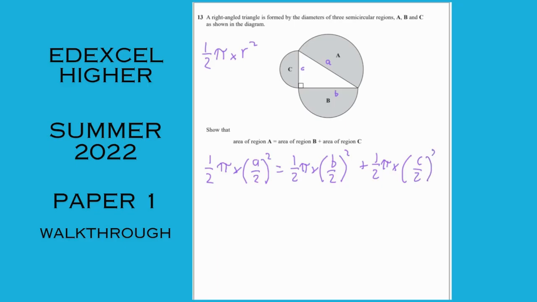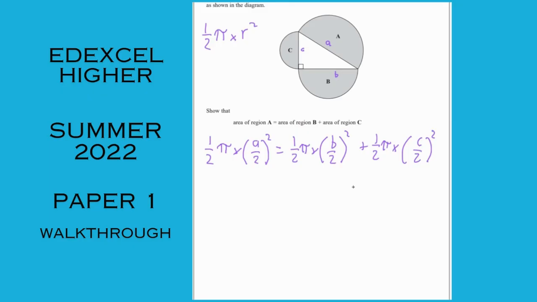All looks very complicated, but you can probably tell loads of stuff will cancel out. So speaking of which, let's get rid of the pies. And a half squared is a quarter, so everything's going to be in terms of eighths. So it's a squared over 8 equals b squared over 8 plus c squared over 8.